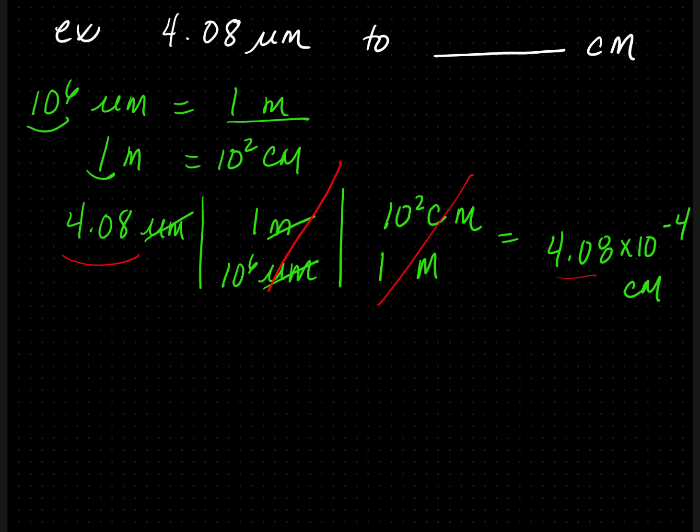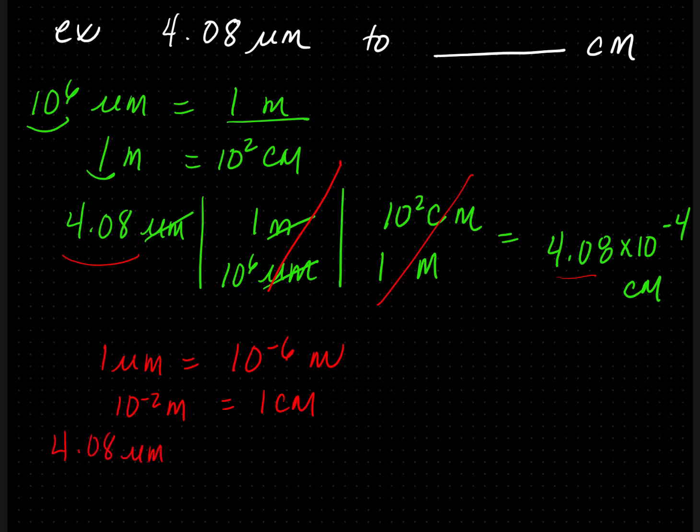You could also set this up making the smaller prefix equal to 1. If I use the smaller prefix equal to 1, then the bigger prefix will have a negative exponent. 10 to the negative 2 meters is equal to 1 centimeter. And if you set it up, it will still get the same answer.